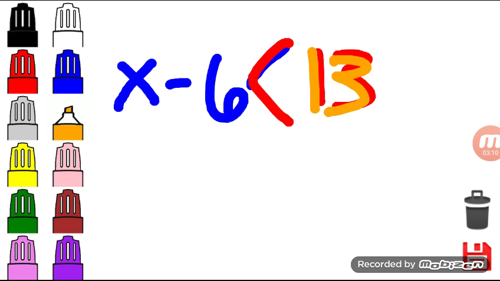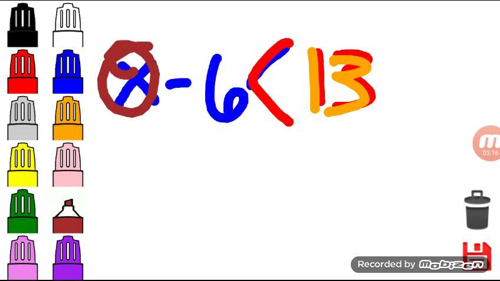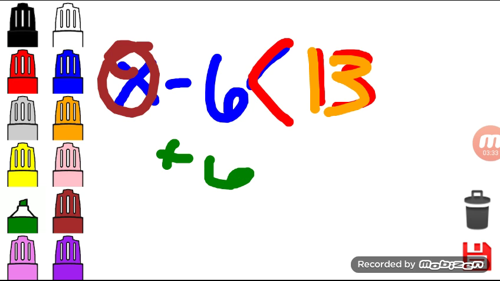Okay, so how you solve this one is, like I said, we're trying to get this x all alone. So I'm going to circle the x. So to do that, we have to get rid of all the other numbers and make them 0. So what you do is, instead of subtracting 6, you add 6, because 6 minus 6 is 0.